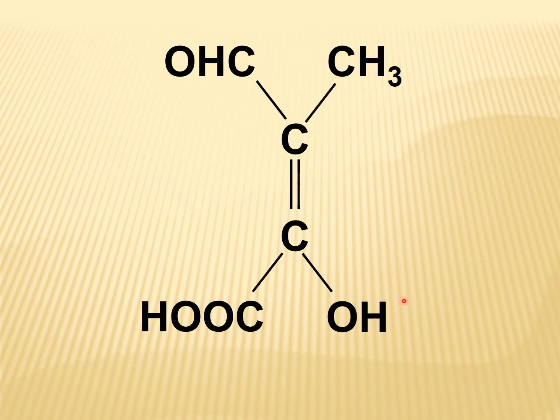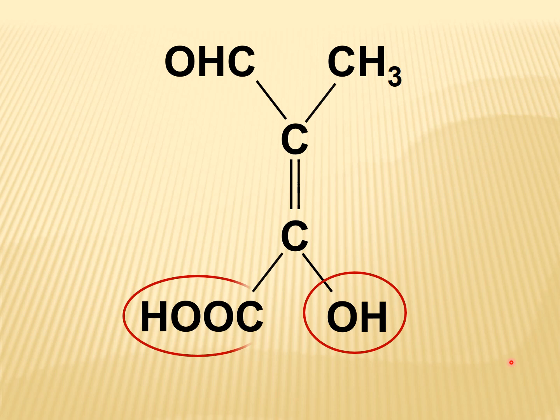For example, let us consider the same compound here. Let us see OH and COOH, these two functional groups attached to this carbon. But in the OH, the oxygen is attached to this carbon. Here, the carbon of the carboxylic acid group is attached to this carbon. So oxygen has atomic number 8, carbon has atomic number 6.